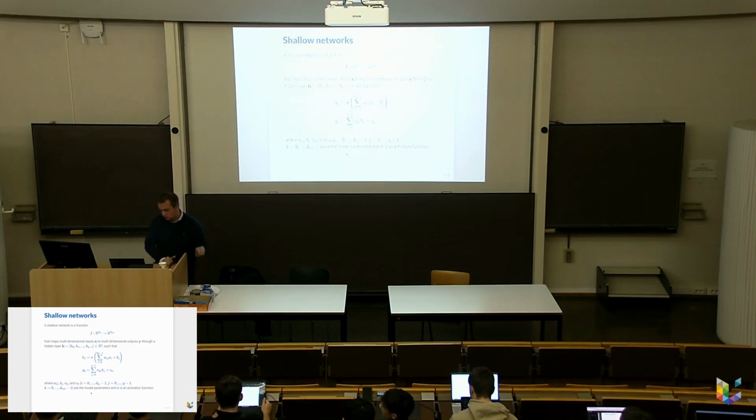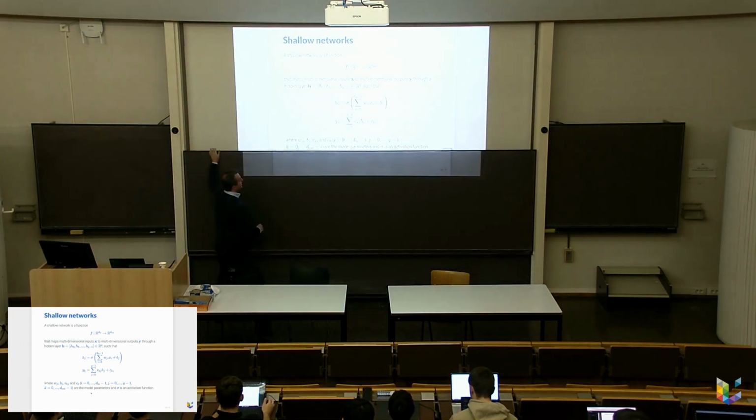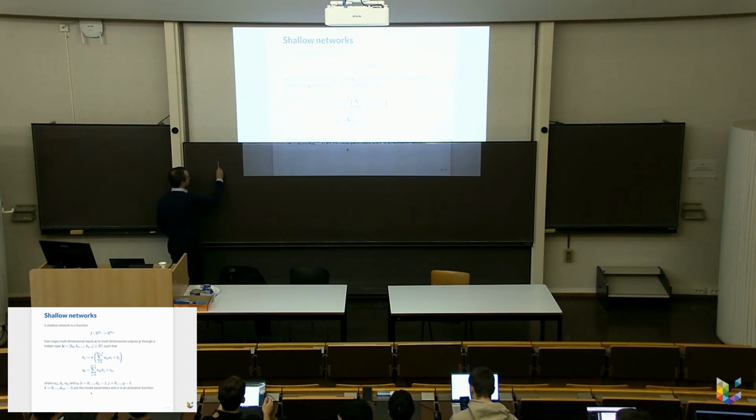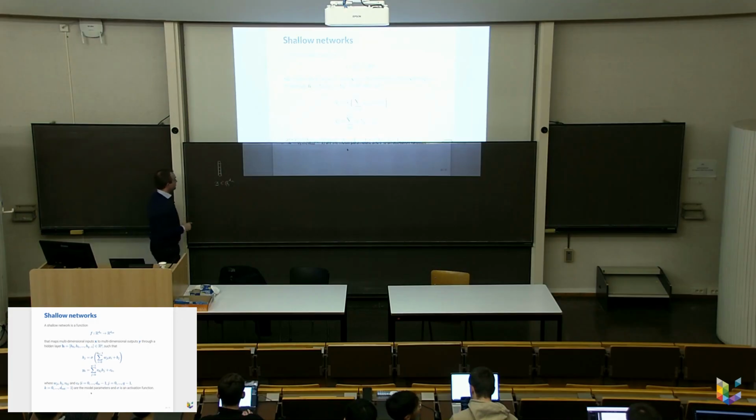So I will define a shallow neural network as a probabilistic model taking as input a vector. Okay, so we have x, which is a vector of some dimension. Here in the slides, I use d in to denote the dimension of the input. So we have vectors, for example, of, say, 5 elements as input. And in a shallow network, these vectors are mapped to an output by going through an intermediate representation, which we call a hidden layer.